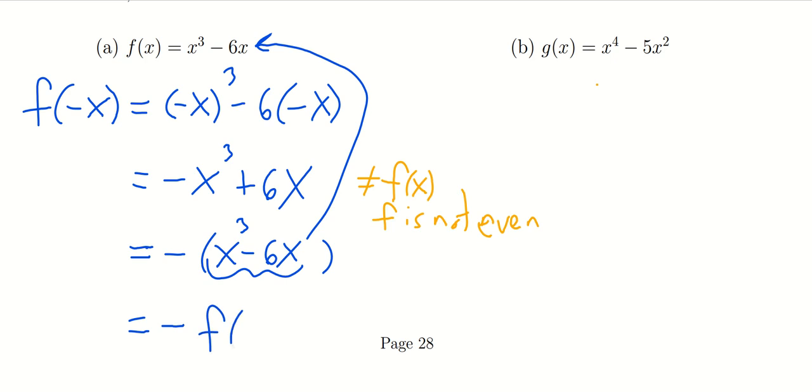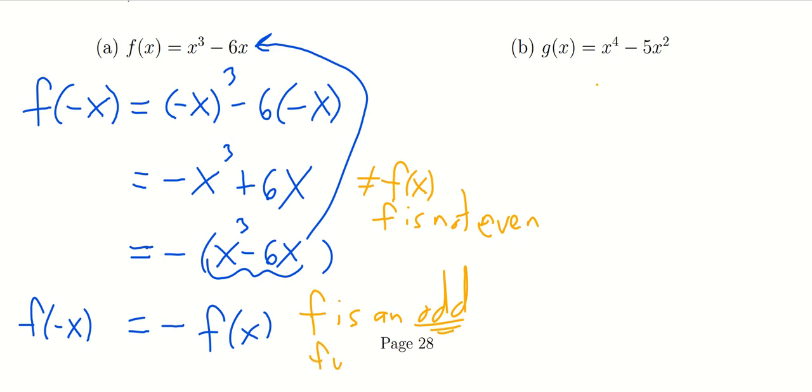So what we've discovered is that when we plug in negative x into the function, it ends up equaling the opposite of the original, and that means that the function f is odd. So we have an odd function here.